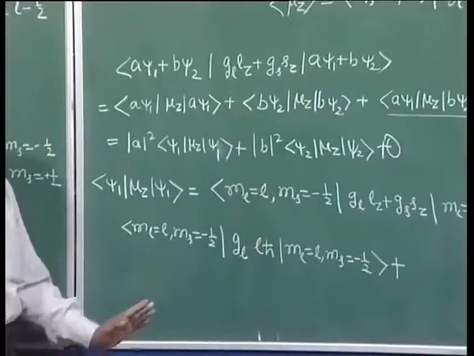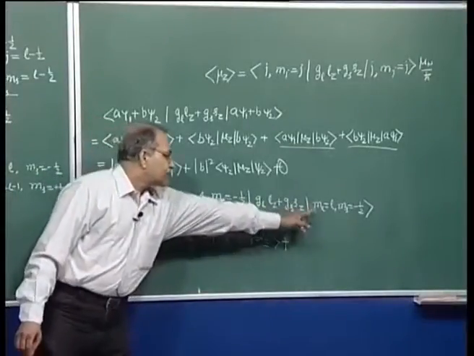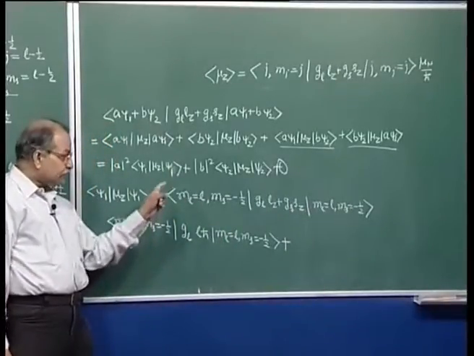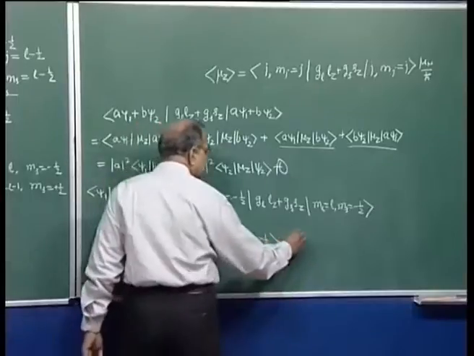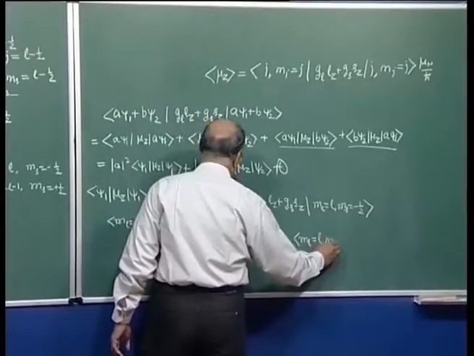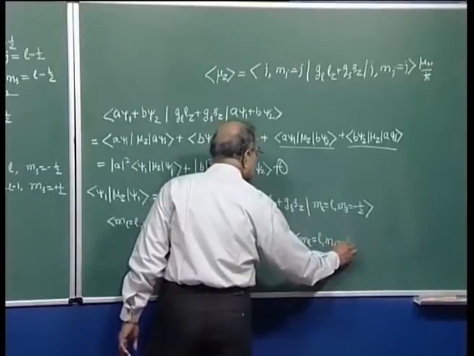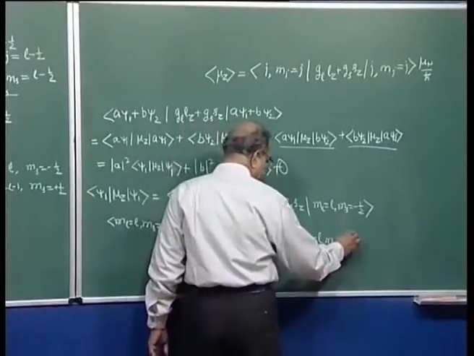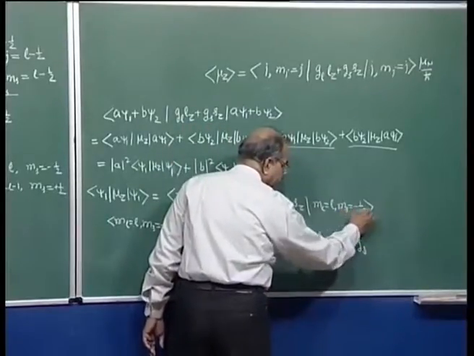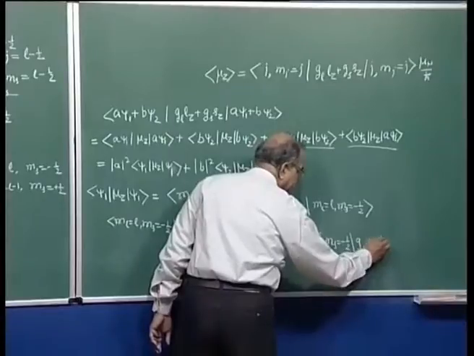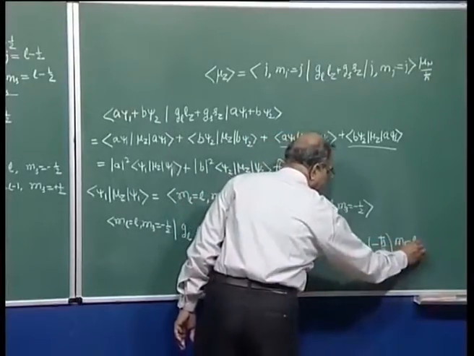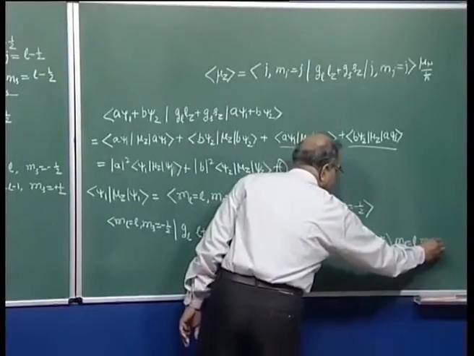I have done only one part. This Lz I have operated on this and I have written here, and next is Sz. So, I write ML equal to L, MS equal to minus half, and then GS, and Sz operating on this gives minus h cross by 2.